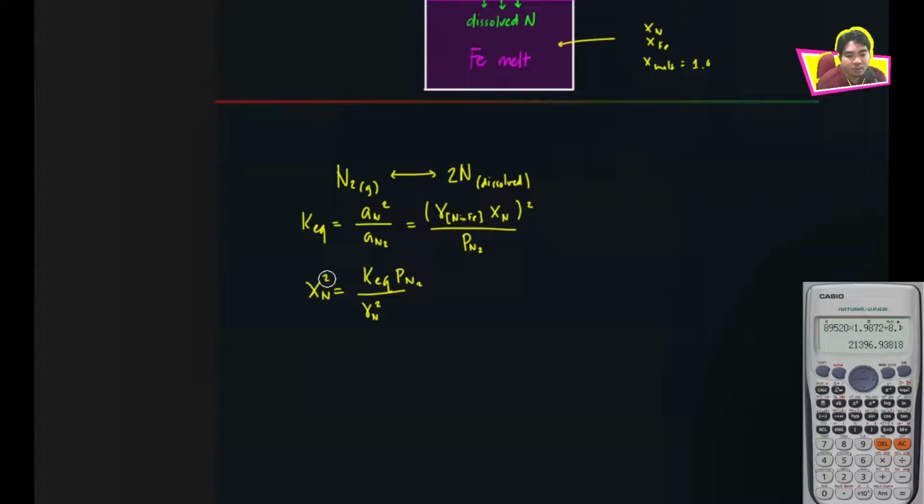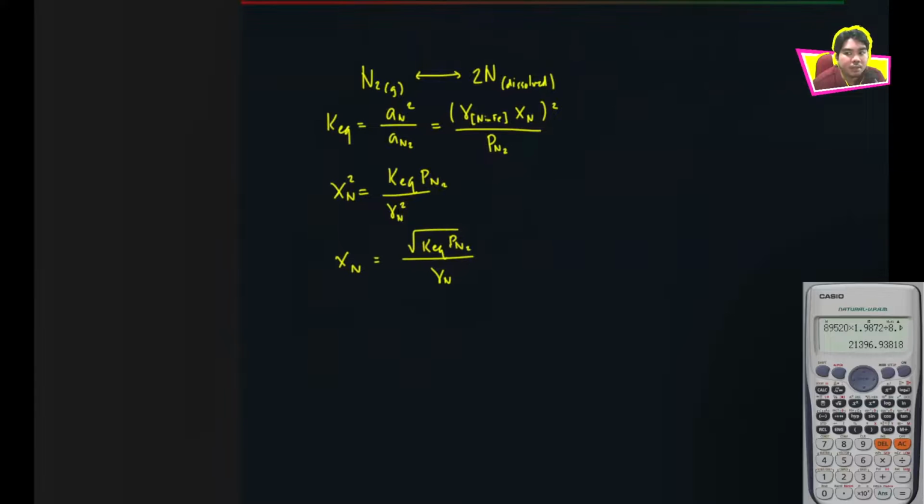So if you get the square root, then you should get x sub n is equal to square root ng KEQ times the partial pressure of N2 divided by the coefficient sigma n. Now, ito, these are just all constant, no?